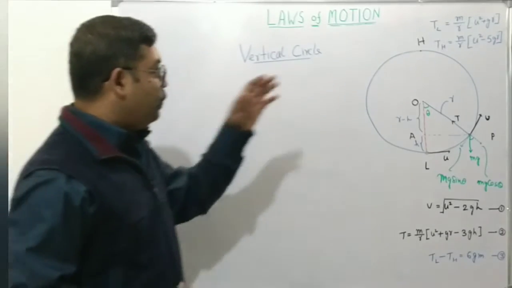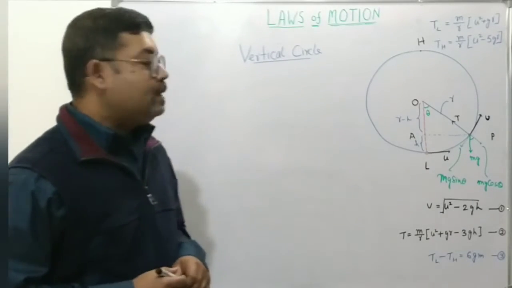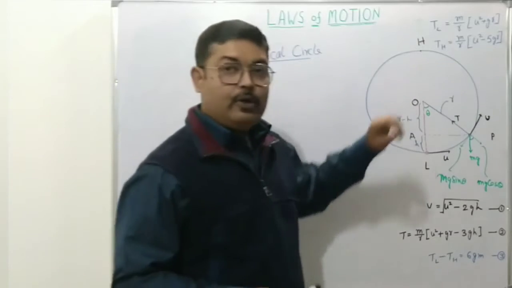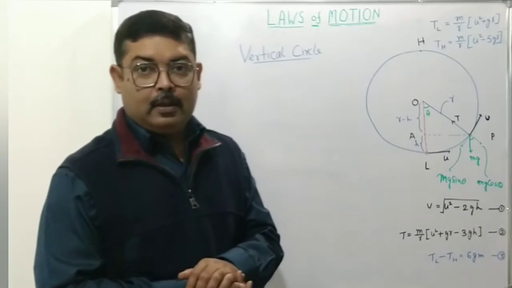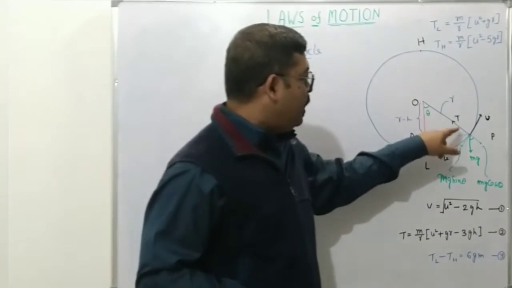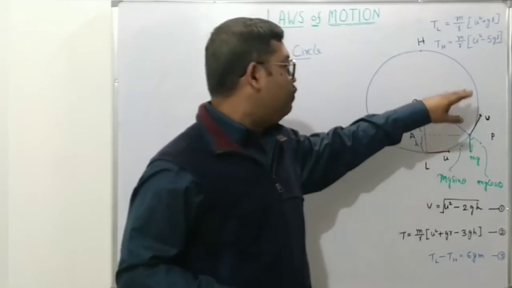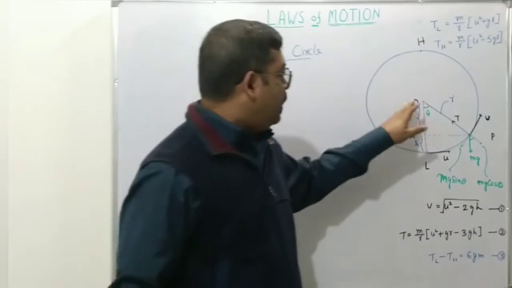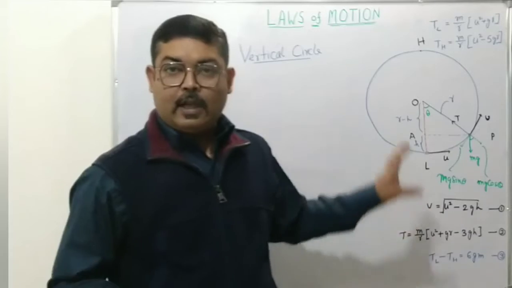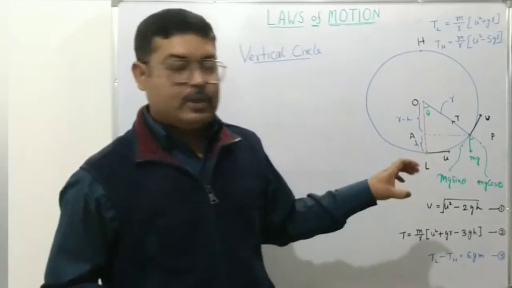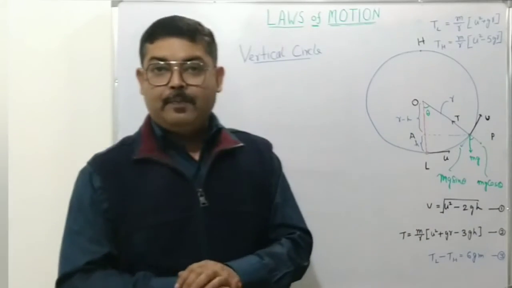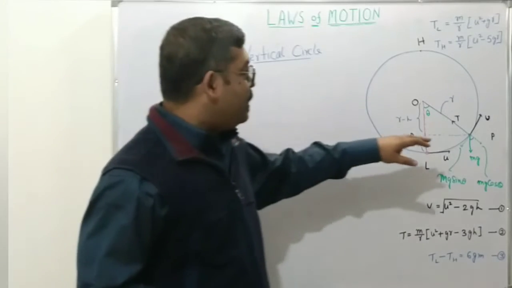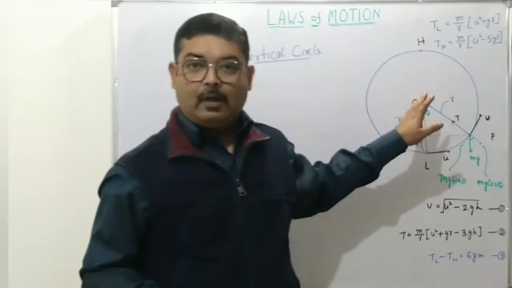Now, to find that, what we need to understand is that when the object is going to leave the circle, see, the string is tied to the object and the object is moving. This string will be taut as long as there is tension in the string. If there is no tension, the string will be slack. And if it slackens, then the object will leave the circle.